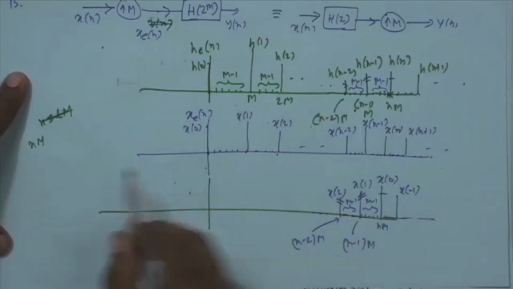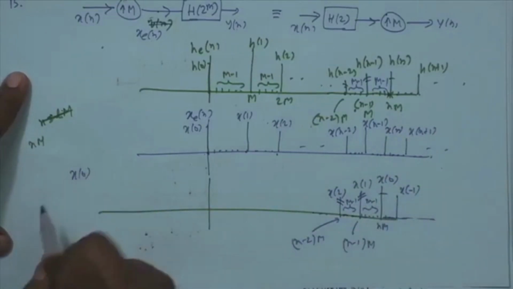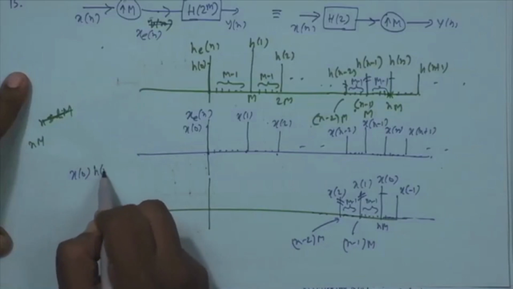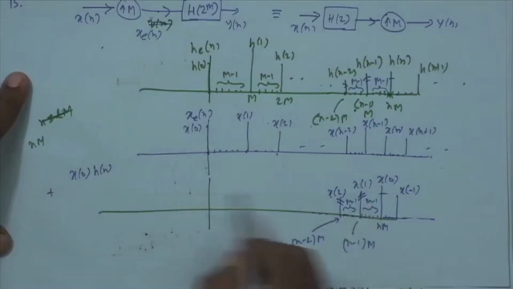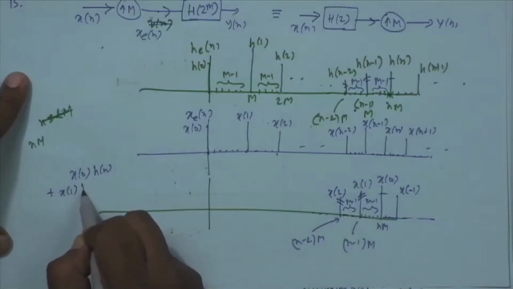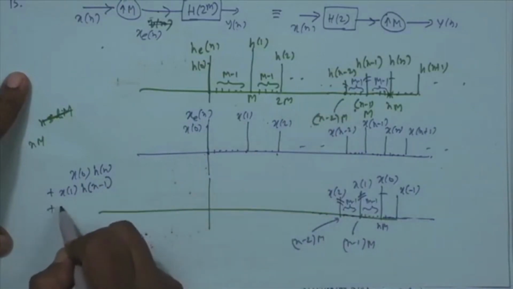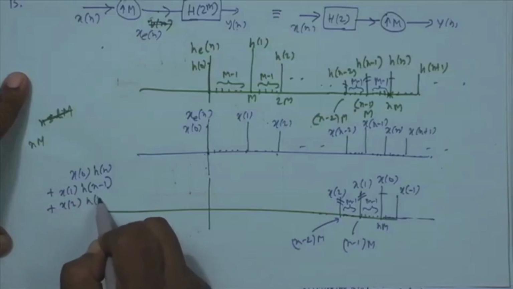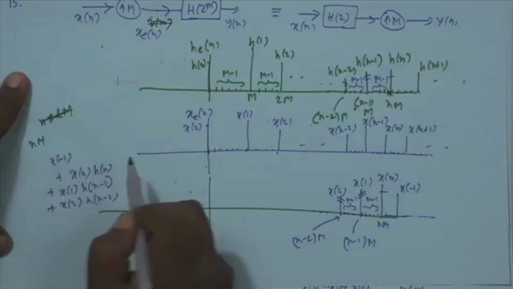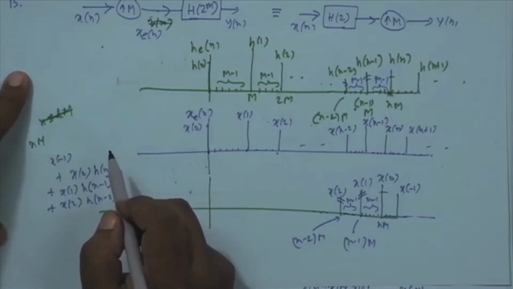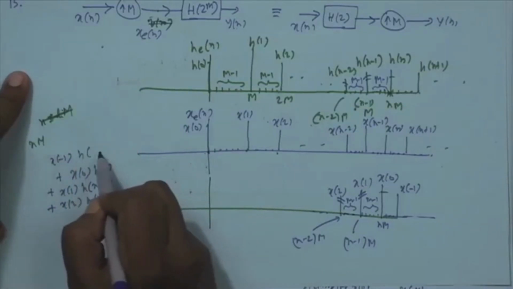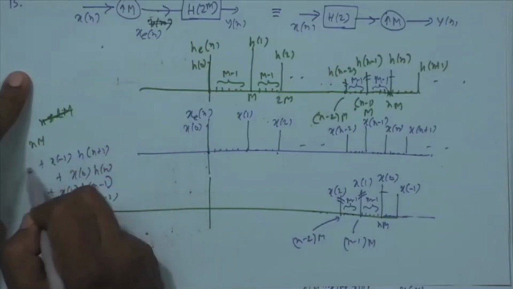So, we have got x 0 into h n, then x 1 h n minus 1, x 2 h n minus 2, and on this side x minus 1 h n plus 1, plus dot dot dot.